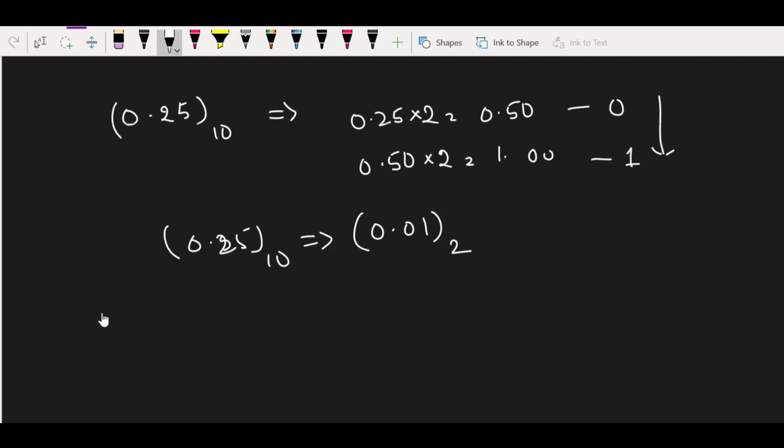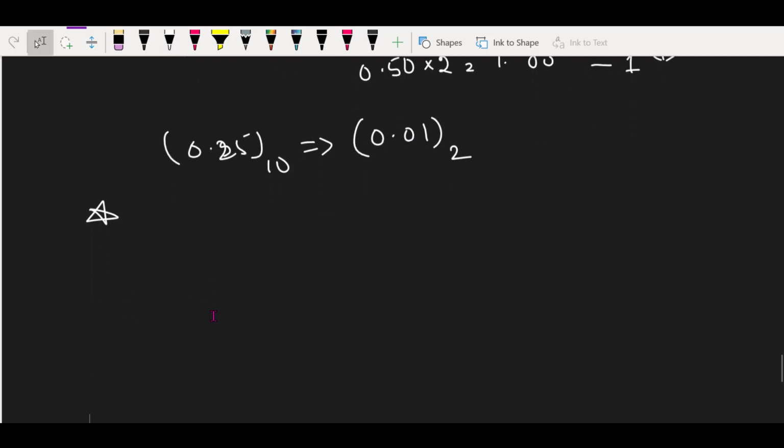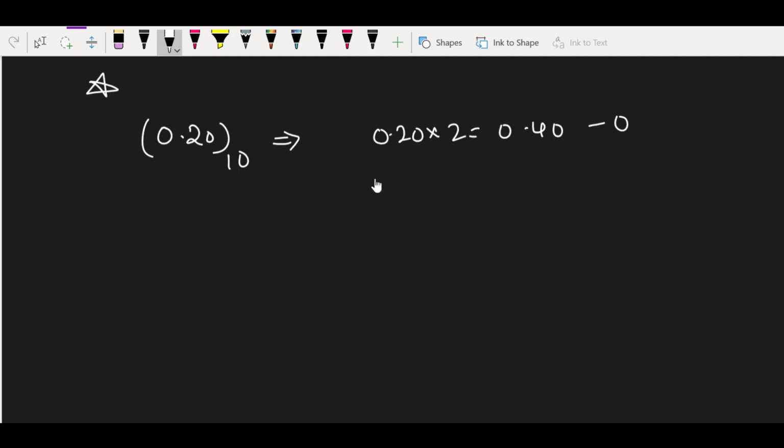We'll take an interesting example. This is very important. In this we are going to take the fraction 0.20 in the decimal number system. We follow the same procedure. 0.20 into 2 will be 0.40, keep 0 aside, and 0.40 into 2 will be 0.80.